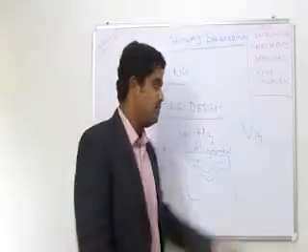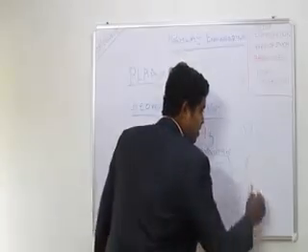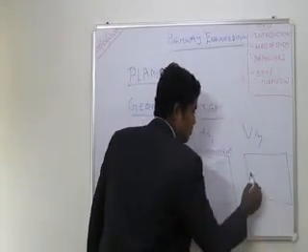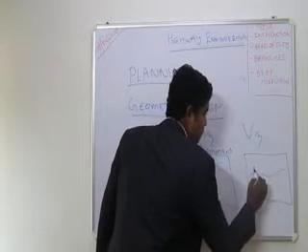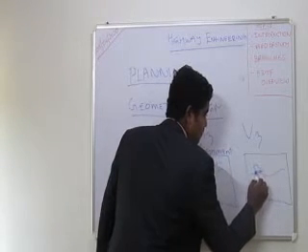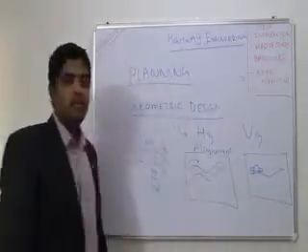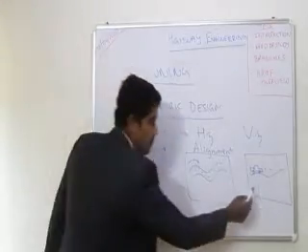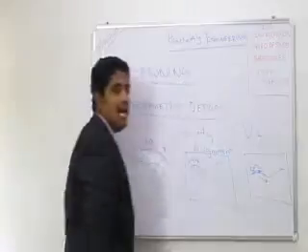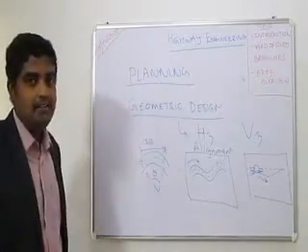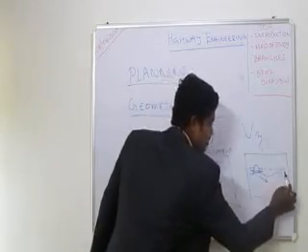Next is vertical alignment. Vertical alignment is nothing but the ups and downs. This is known as the sag curve or valley curve, and this is known as the summit curve.